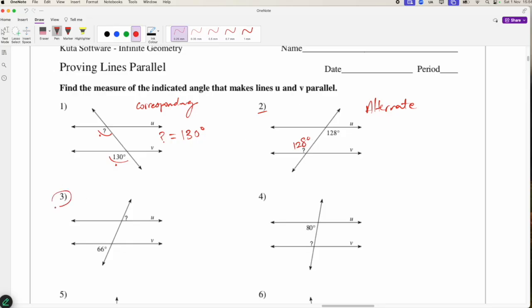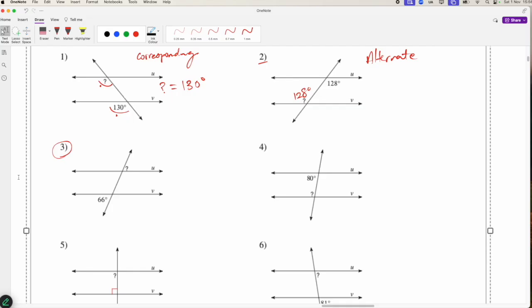What about this one? Is it alternate? Well, it's not one type of angle. You might need more than one to find what that angle is. Check it out: this is corresponding with this, right?